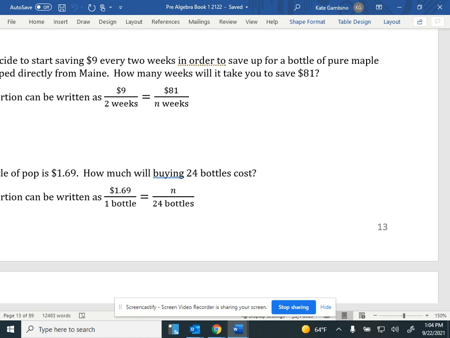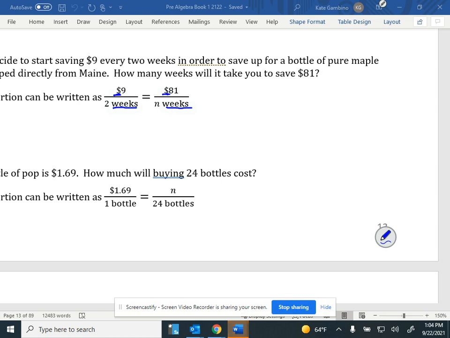So I want you to start recognizing as you're looking at these word problems right now, really pay attention to how our measurements go across. The numerator is dollars, the numerator is dollars. The denominator is weeks, the denominator is weeks. So make sure you're putting them in the correct order.